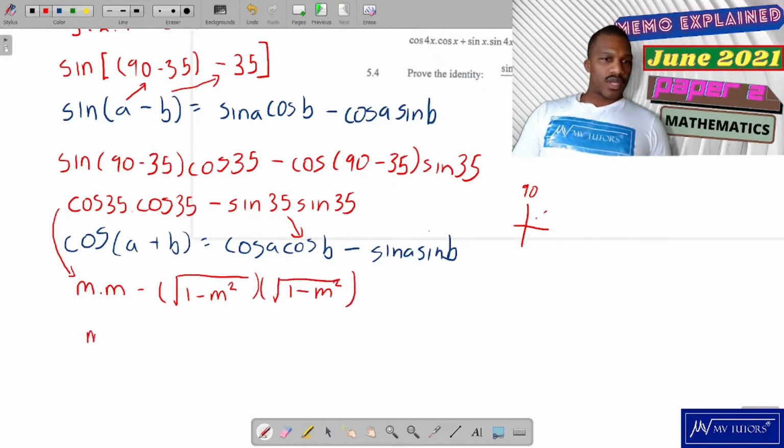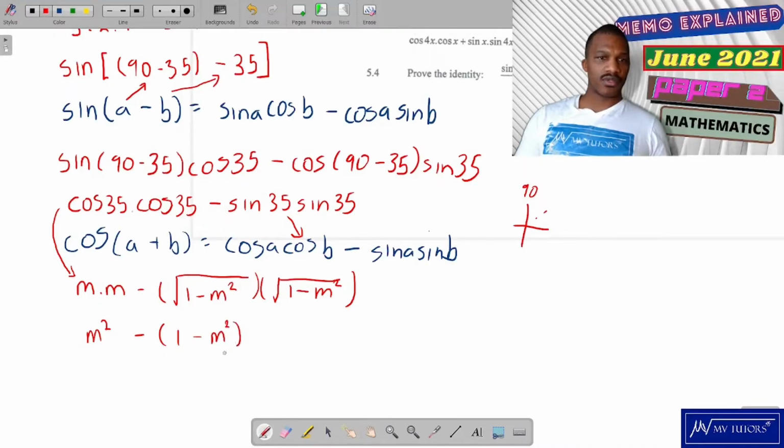Cool, so this one, m times m is just m squared. And then this just gets rid of the bracket. The square root times the square root gives you what's under the square root. So it's simply that. And then finally, it's m squared minus, get rid of the brackets. So minus 1 times 1 is minus 1.